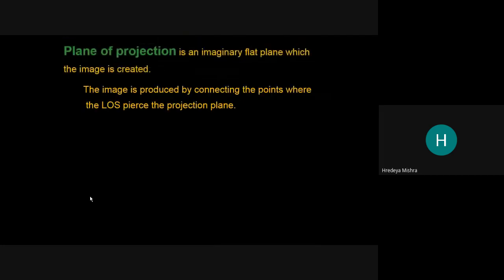The next thing is the plane of projection. It is also imaginary. It is an imaginary flat surface on which the image is created. The image is produced by connecting the points where the LOS meets the projection plane.